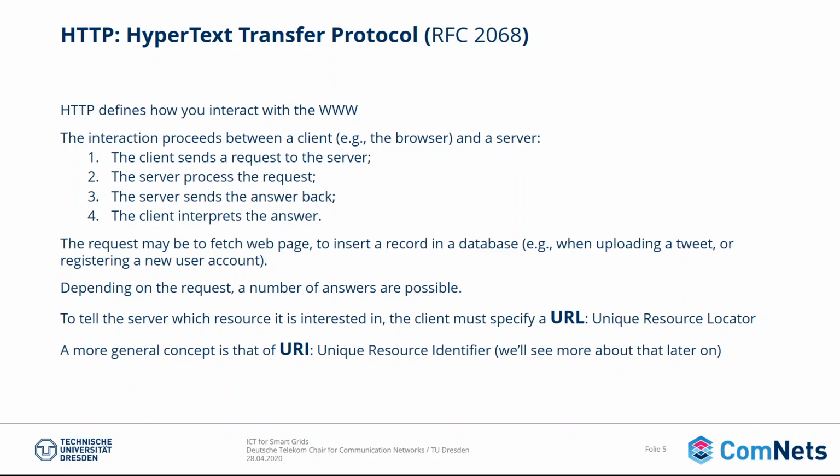Now, the interaction proceeds between a client, which is your browser, which is your application, and a specific server that has something that you want to access. Let's call that Facebook. Now, the client first sends a request to the server to establish a connection.